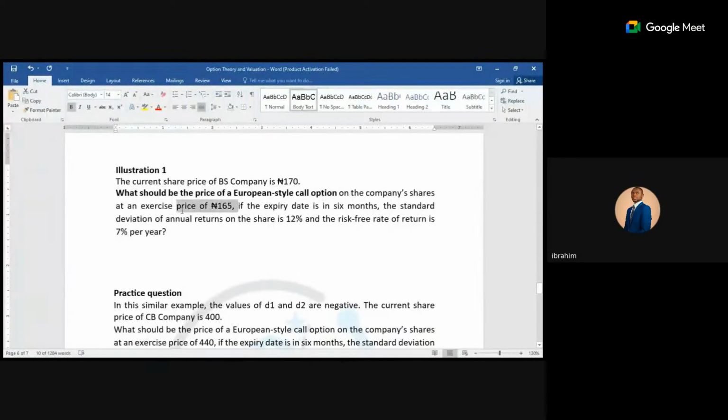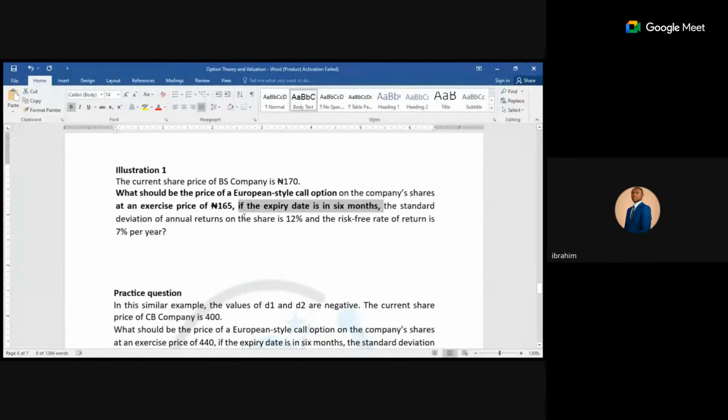Class, can you see the exercise price? The expiration date of the contract is 6 months.